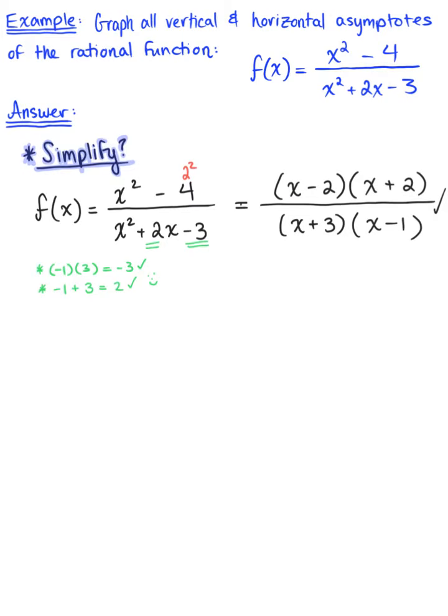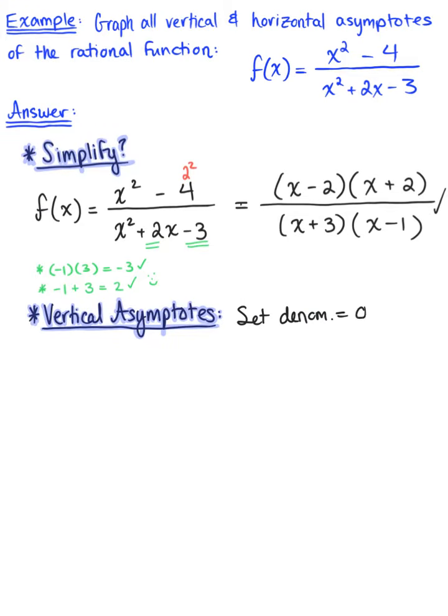So now that we have checked that this function is simplified, let's go ahead and find the vertical asymptotes. We want to keep in mind that vertical asymptotes are the zeros of the denominator. So to find if any vertical asymptotes exist, we are going to set the denominator equal to 0 and solve for x.